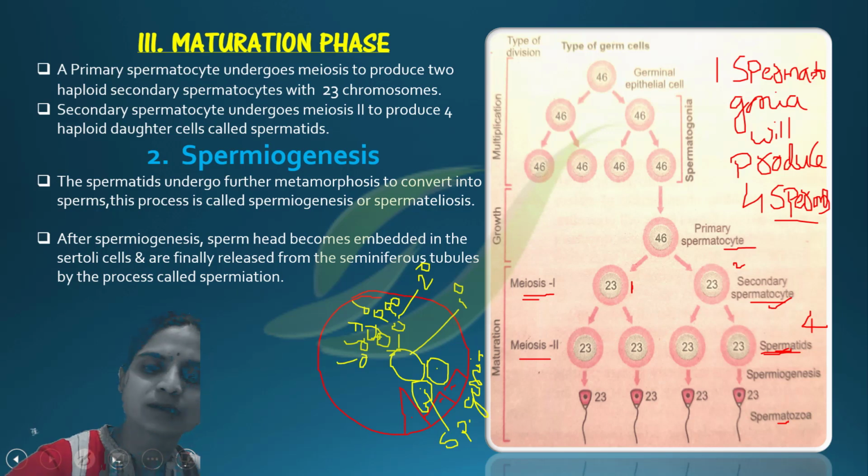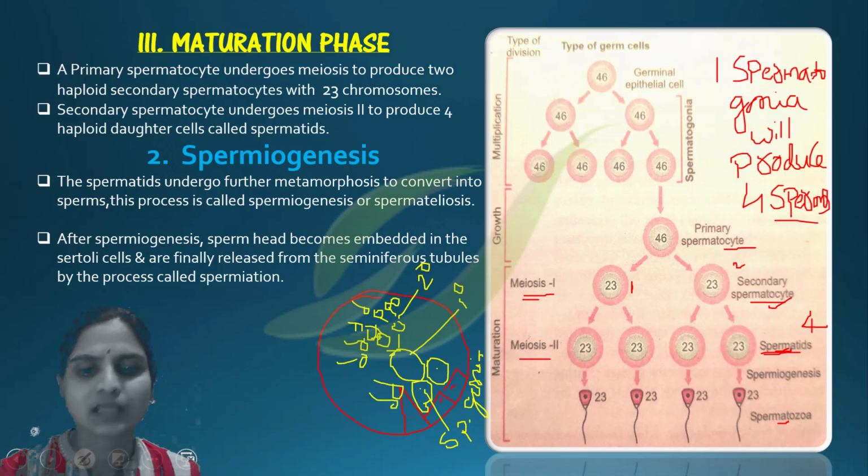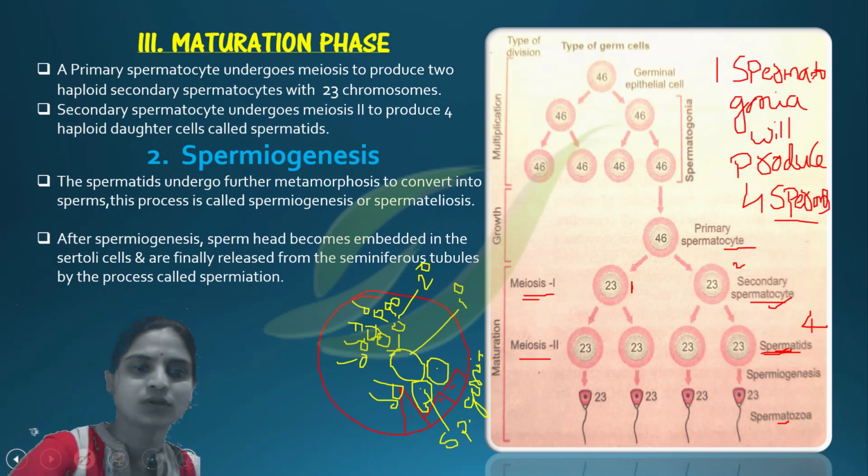So these sperms will bind to the Sertoli cell. You can see here, after spermiogenesis, the sperm head becomes embedded into the Sertoli cells.